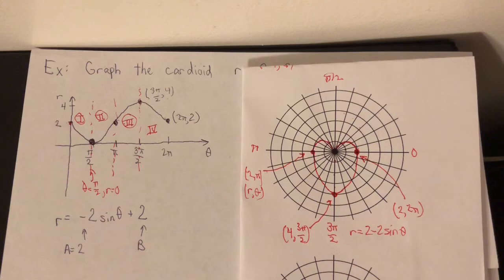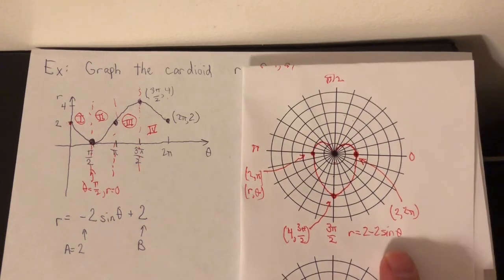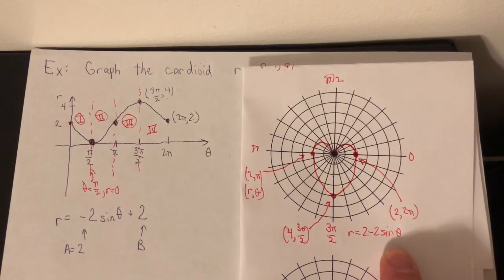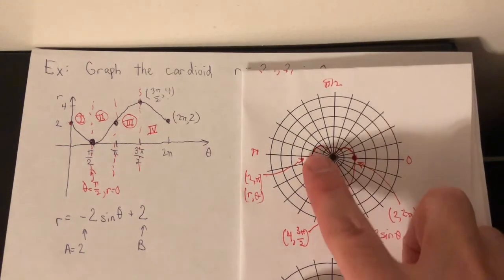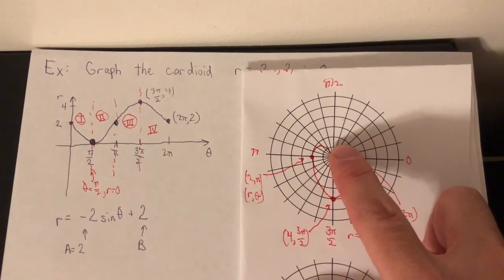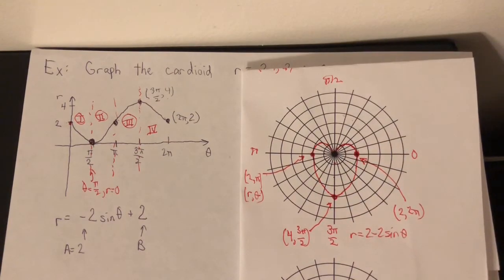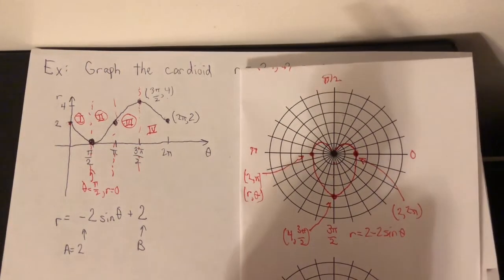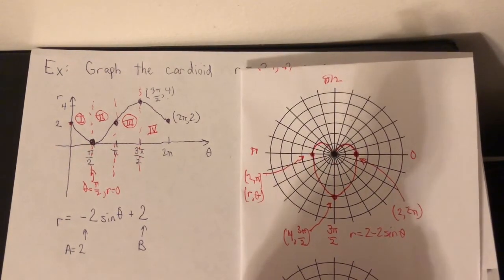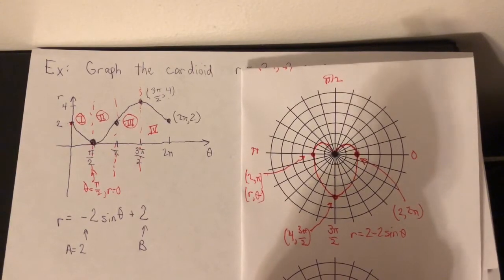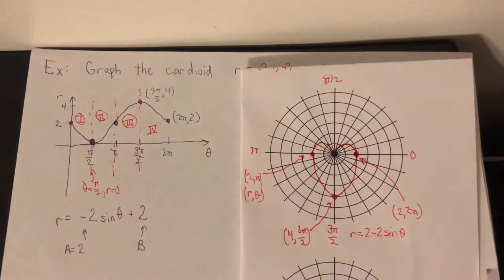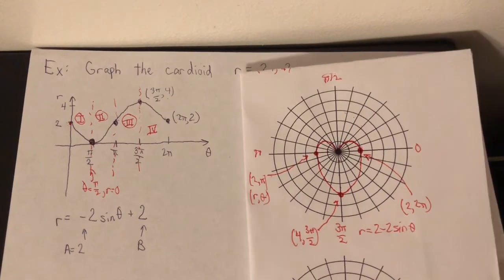And notice, just like we investigated with the circles, when we have a cardioid involving sine, notice that this cardioid opens downward. And I'll leave it to you as an exercise, but if you look at the cardioid r equals 2 plus 2 sine theta, what you're going to get is the mirror image of that.